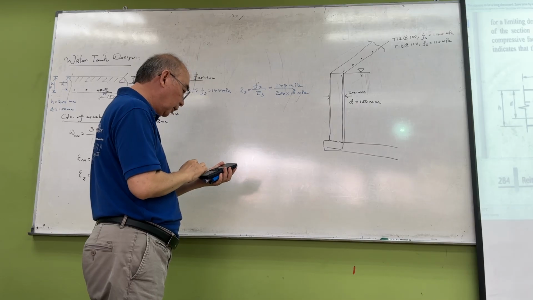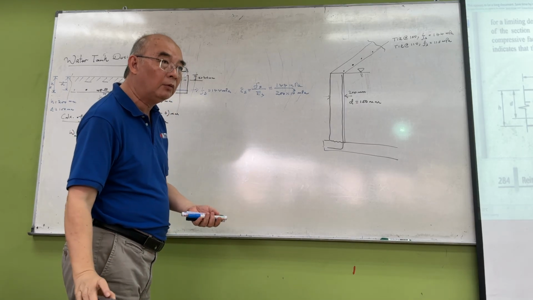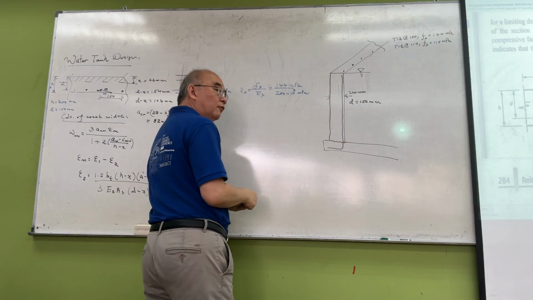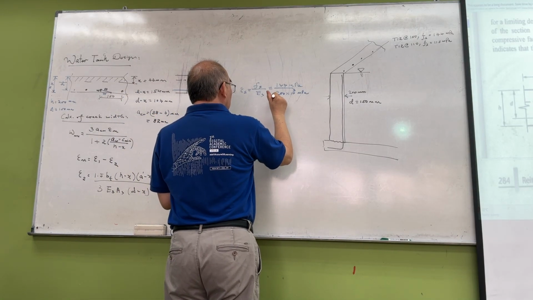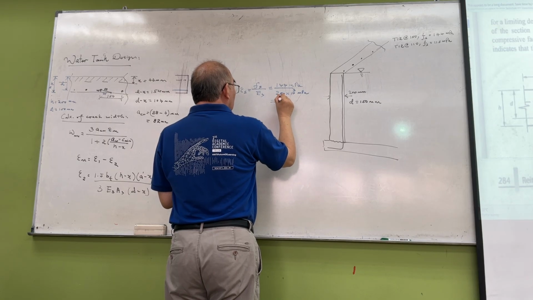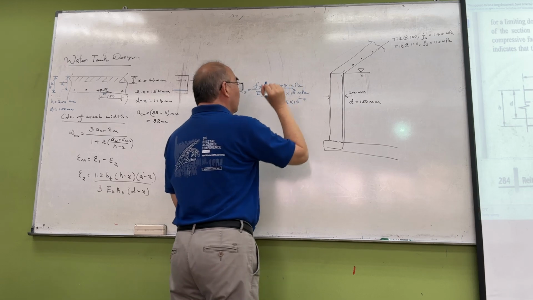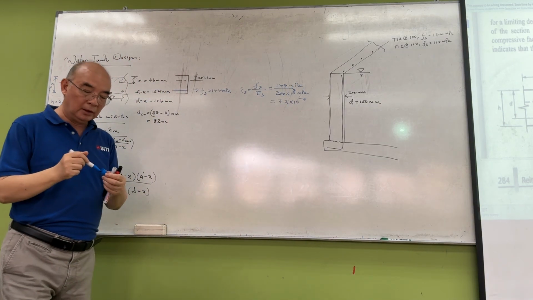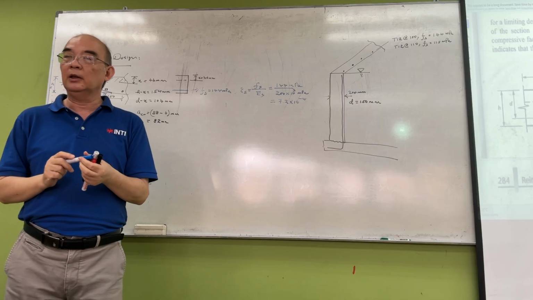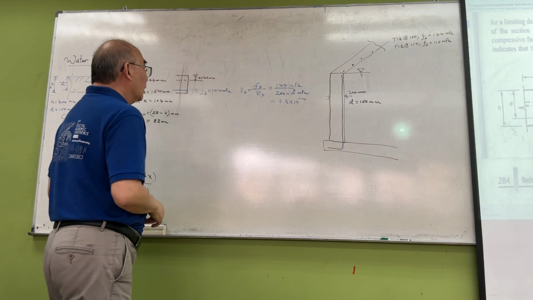144 divided by 200 is 0.72, or 7.2 times 10 to the negative 4. This is a strain. Strain basically has no units; it's millimeter per millimeter. Understand this part?